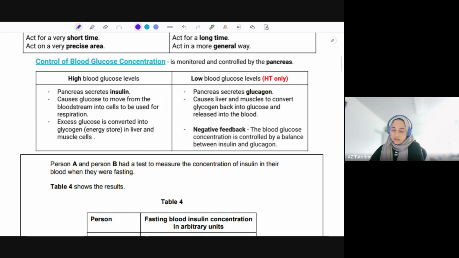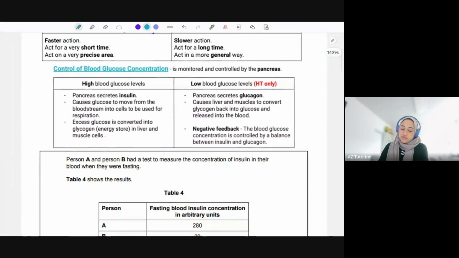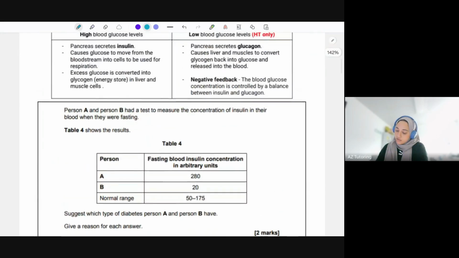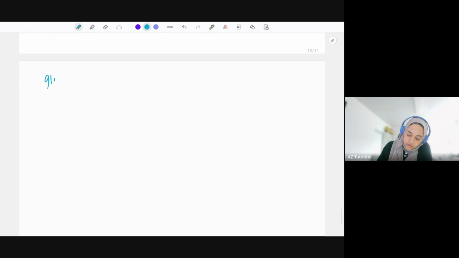Let's talk a little bit about glucose concentration. So what's the importance with blood glucose concentration? Remember, we use glucose in respiration. So we need glucose for respiration. Make sure you know the equation for respiration and photosynthesis as well for this exam.